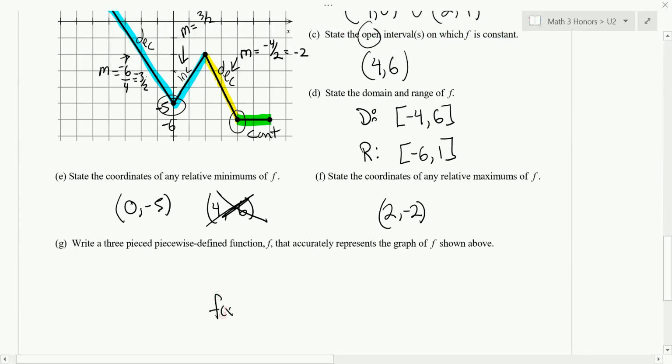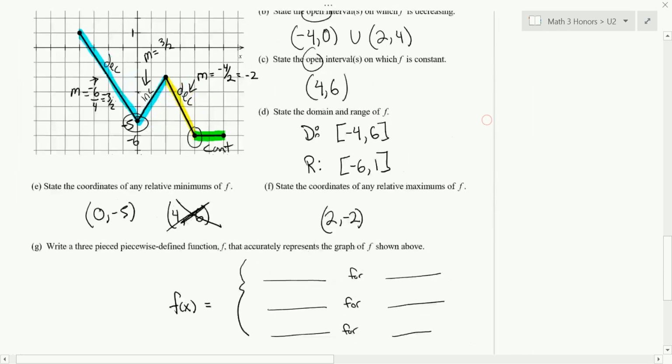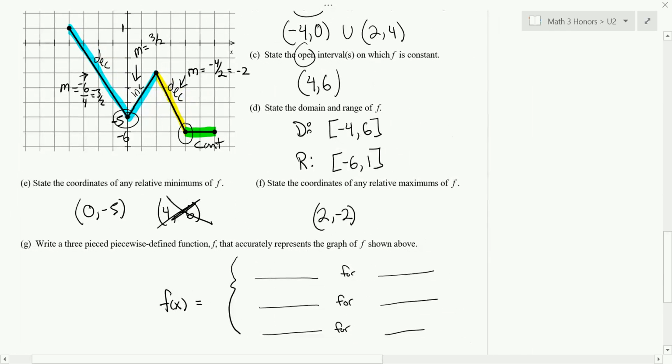So f of x, and when you write this, we're going left to right. Okay, so our three equations for a certain restricted domain. So for the first equation, May, did you get the first equation?